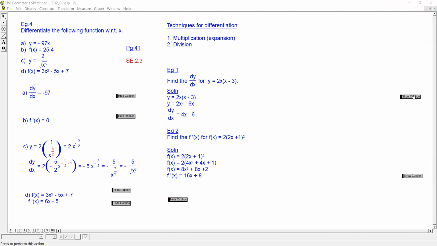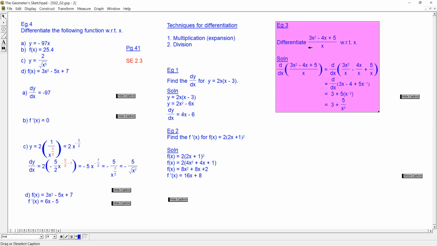Okay, more examples. So far, what I've shown you involves two brackets. You have to multiply together, expand, then you get the function, which is a polynomial. Then you differentiate one by one. Now, how about this one? Differentiate this thing with respect to x. Here they have no bracket, but there is a division line there. Once you see this line, separate them into two like this. You don't differentiate them yet; you have to simplify first.